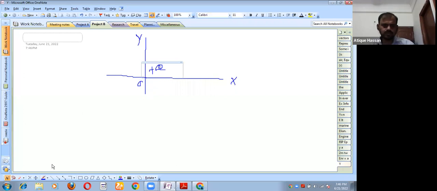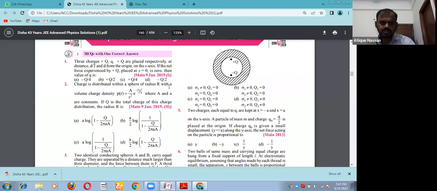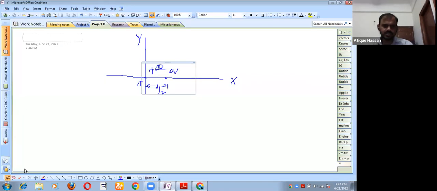There is one more charge, small q, at d by 2, and then there is a charge plus q at d.